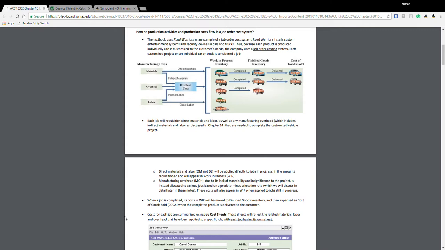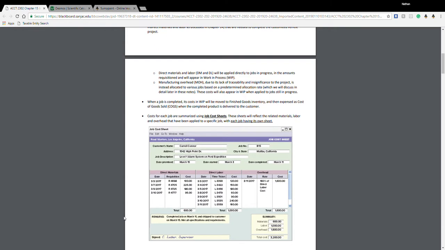Well, for us, Road Warriors have this job cost sheet. These basically reflect the materials, labor, and overhead that has been applied to a specific job. So we're looking at job number B15. These are all the requisitions that they did.